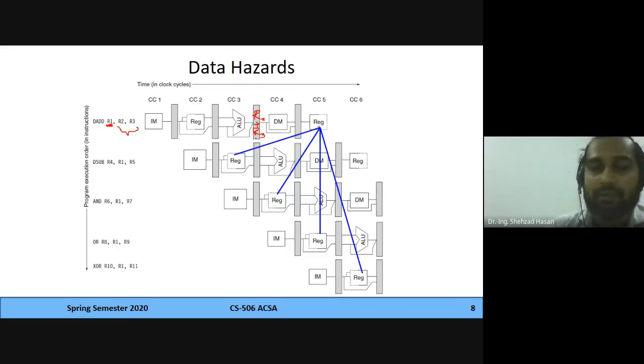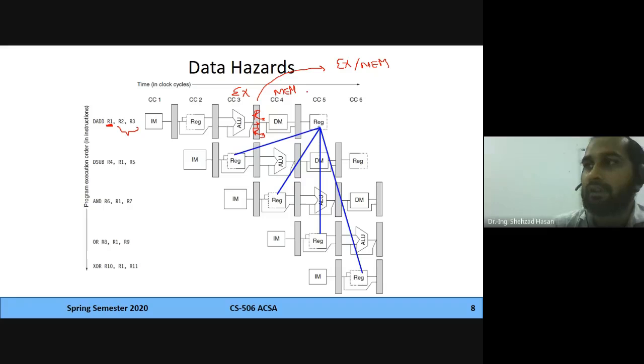So if somehow you can provide this value from this particular register, this stage is the EX stage, and this is the MEM stage. So we are going to call this register the EX/MEM pipeline register. We had this convention in the last class that any register which is separating two particular stages would be named after the stage previous to it and the stage next to it.